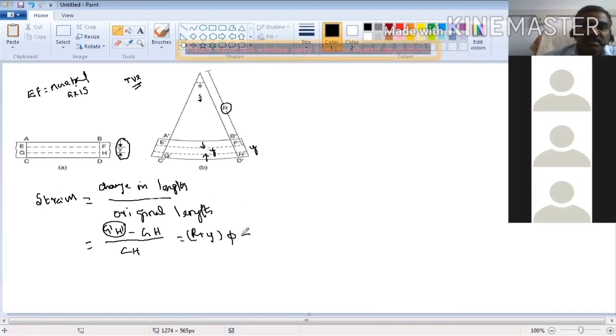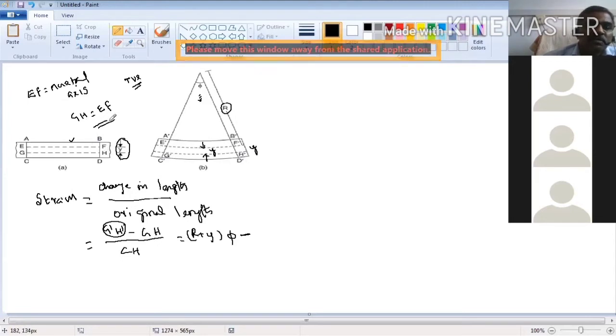How to find GH? I want to find the GH. GH and EF are the same. Am I right? Before the bending moment is applied, GH is equal to EF, because the lines AC and BD are parallel before load is applied.